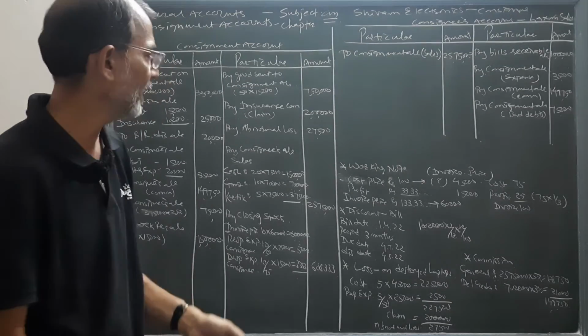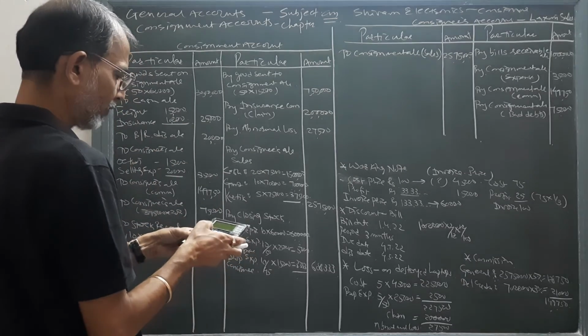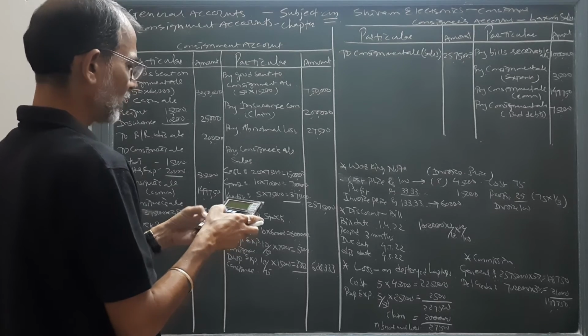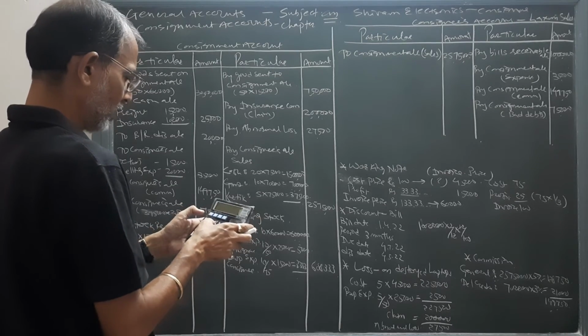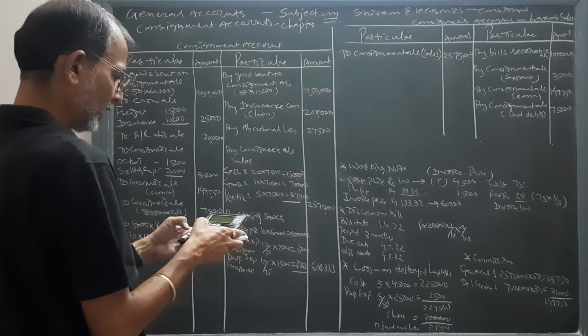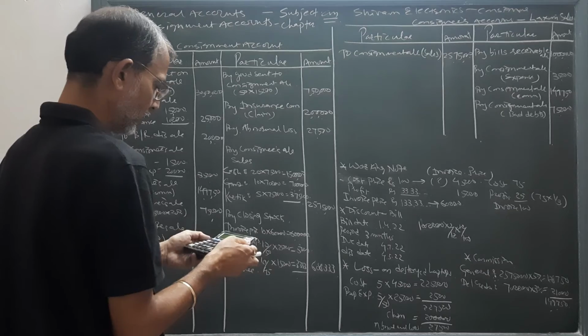Now let us find the profit. 7,50,000 plus 2,27,500, 25,75,000, 6,08,333.